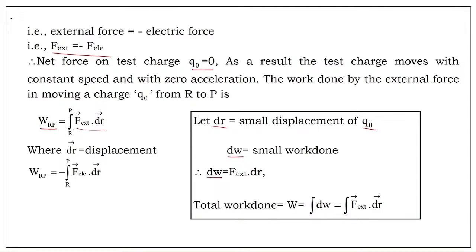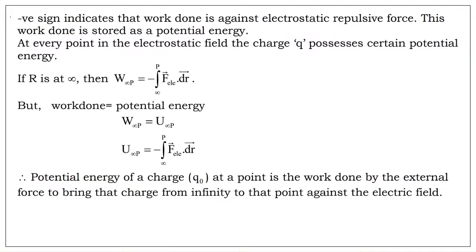Therefore, dW is equal to F external into dr. Therefore, total work done is W is equal to integration of dW, that is equal to integration of F external into dr, where dr is the displacement. WRP can be written as WRP is equal to minus integration R to P of F electric into dr. The negative sign indicates that work done is against the electrostatic repulsive force.